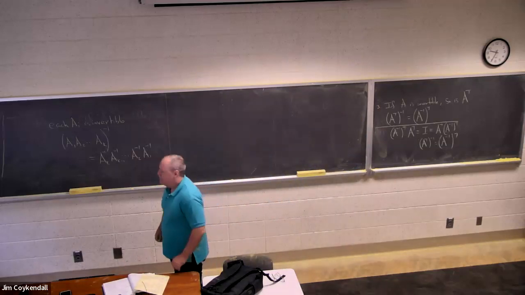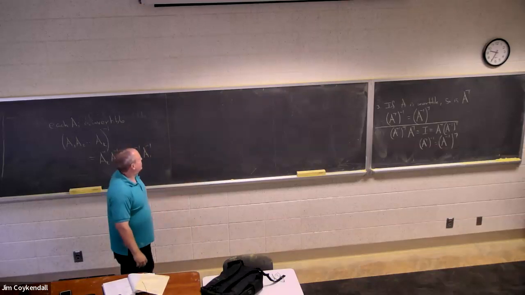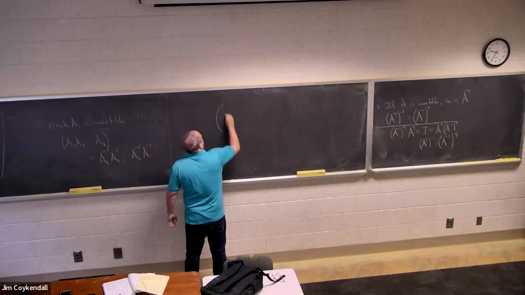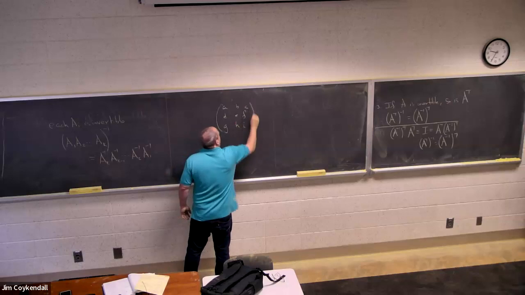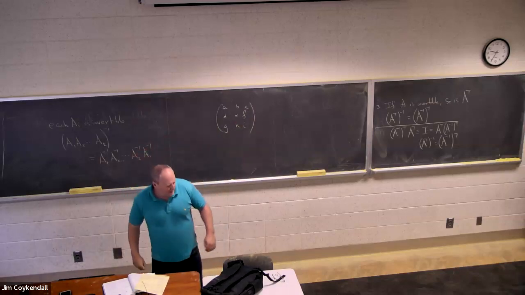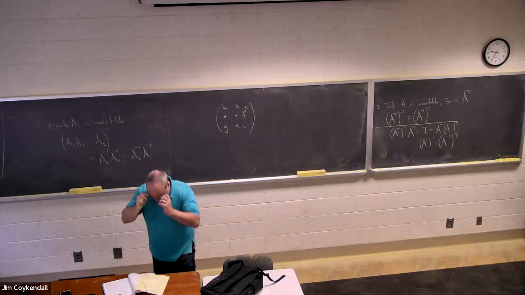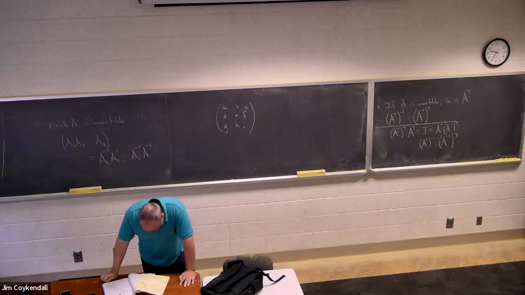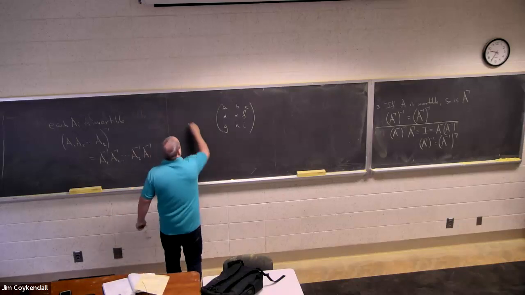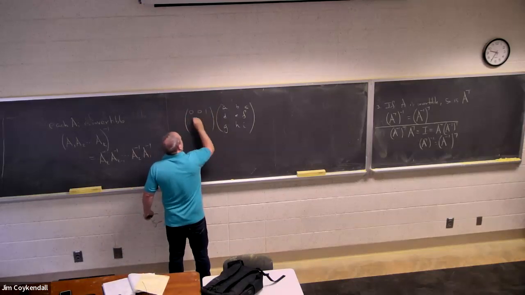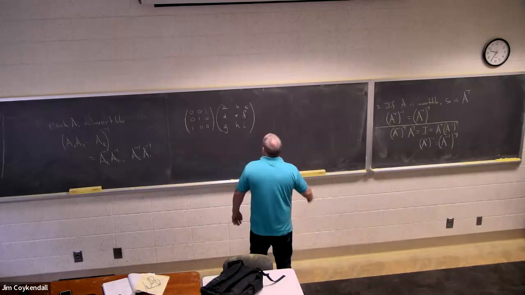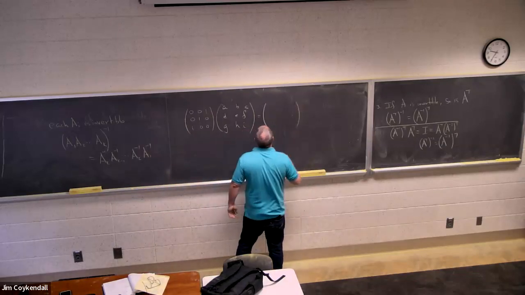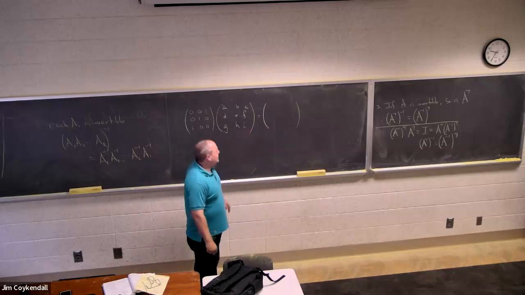So I'm just going to do this by example. Suppose I multiply by this matrix here. What happens when I do this?